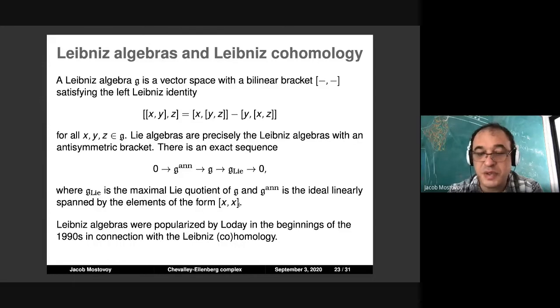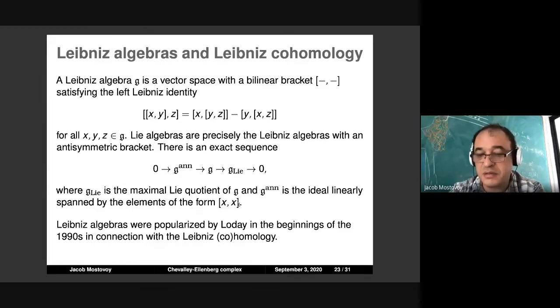So there's been lots of activity on Leibniz algebras in the last 30 years. The whole theory of Leibniz algebras leaves kind of a strange impression. It looks like a theory of Lie algebras, but slightly weaker and somewhat less useful, let's put it this way.